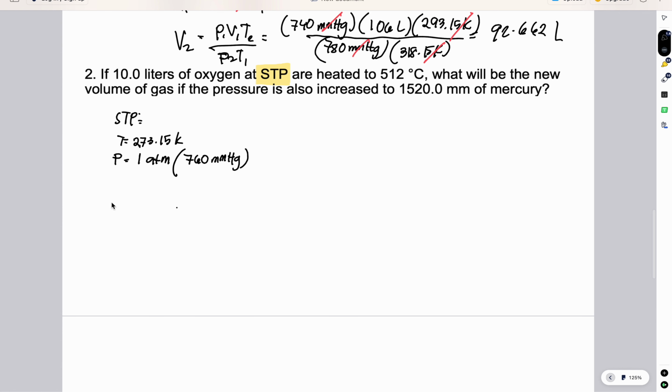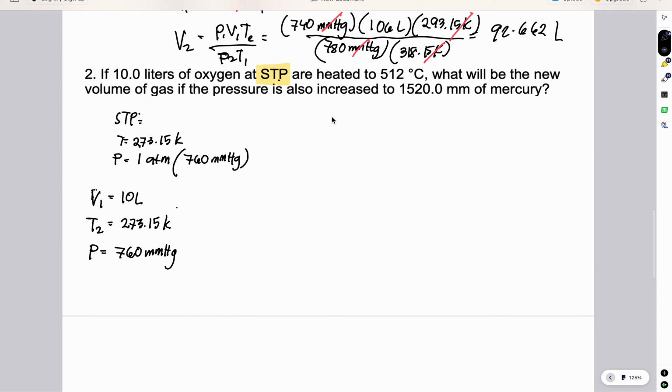So for V1 we have 10 liters. For T1, because it says here STP, we have 273.15 Kelvin, and for pressure we have 760 mmHg.